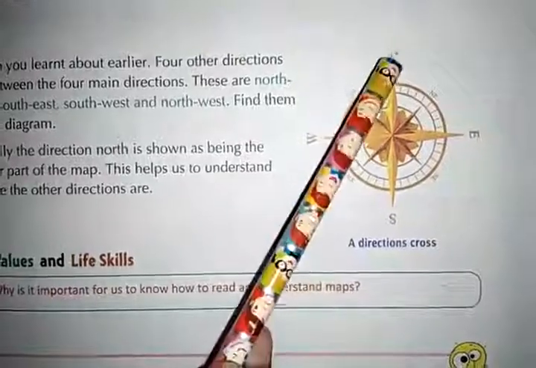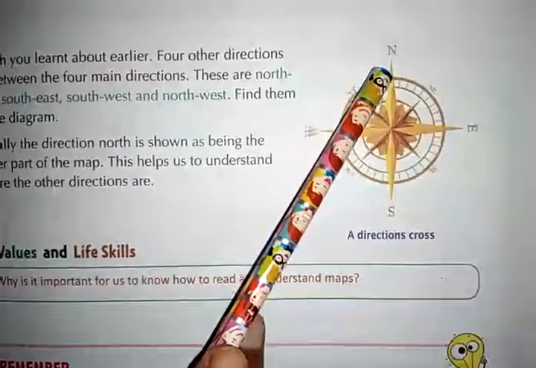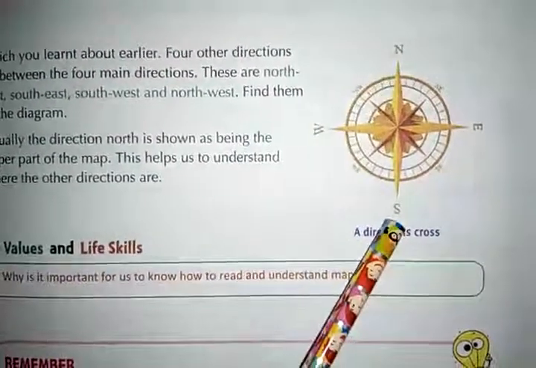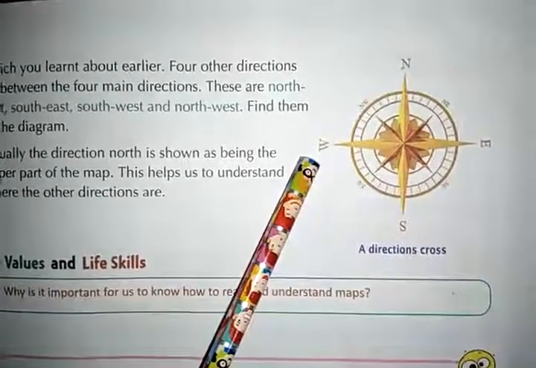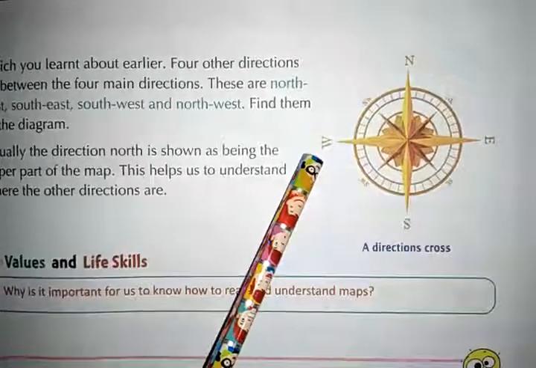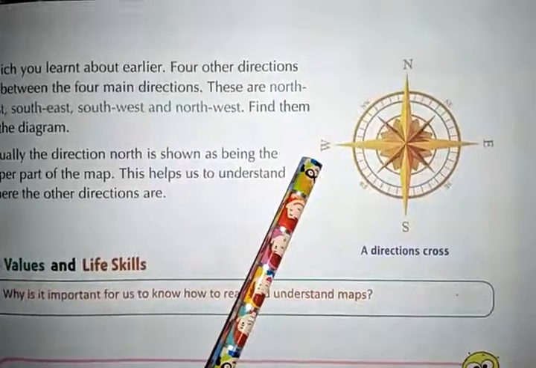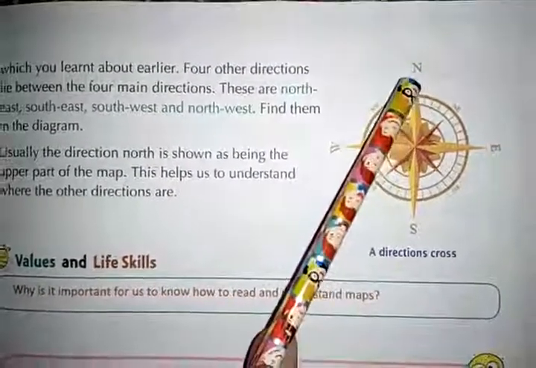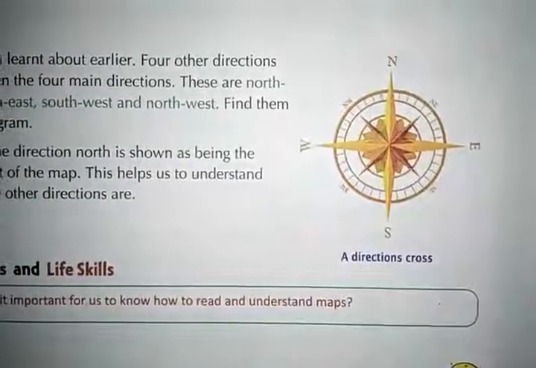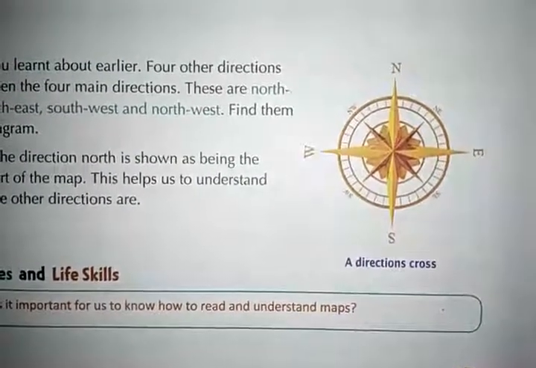Beside these 4 main directions, there are another 4 directions. Let us have a look at your book. Between these 4 directions, north, south, east and west, there are 4 directions. They are called subdirections.